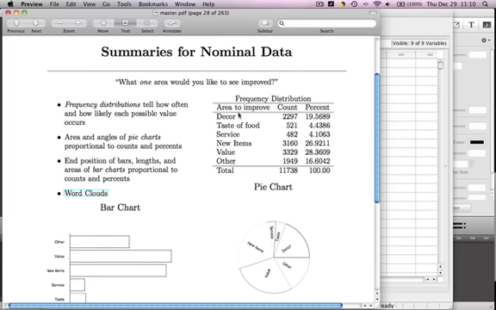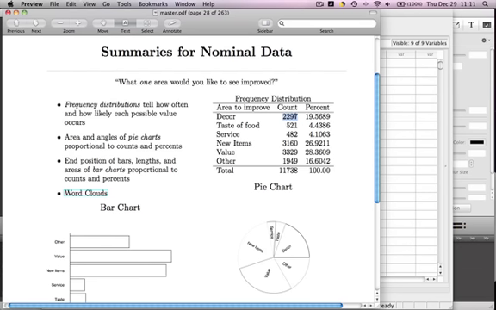Frequency distributions give us counts of the number of respondents who gave each of those responses. So for example, if we go over to the count column for decor, you'll see that there are 2,297 people who indicated that decor was the area that should be improved. At the bottom of a frequency distribution, you'll usually see a total row.